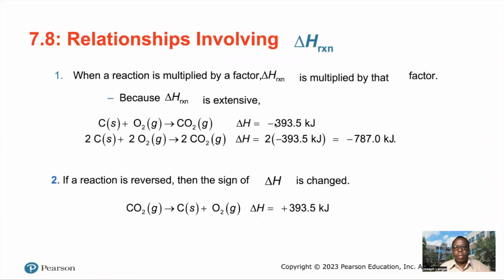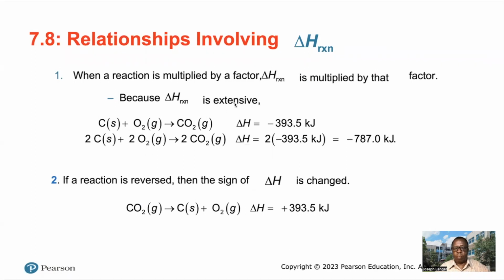It is exothermic, it releases energy, 393.5 kilojoules for the first reaction. If we multiply the first reaction by 2, we also multiply the enthalpy of reaction by 2. That's where 787.0 kilojoules is obtained. So remember, multiplying a thermochemical equation by a factor, you also need to multiply the enthalpy of reaction by that factor.